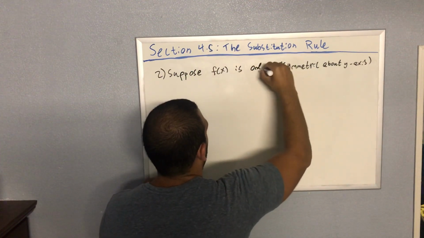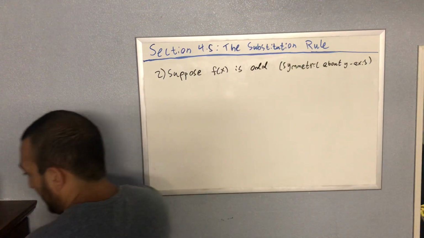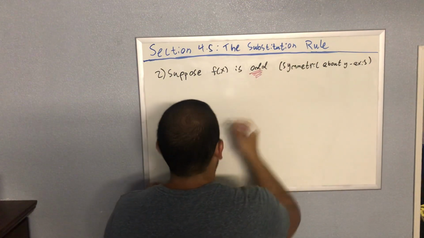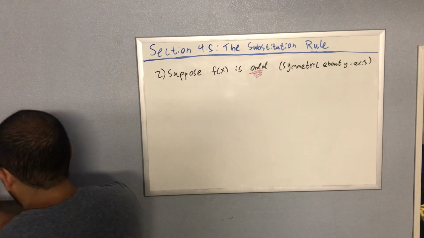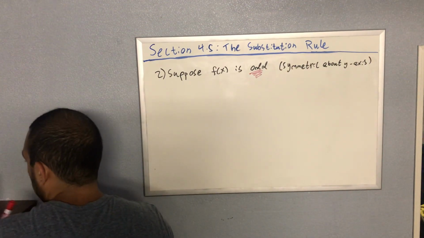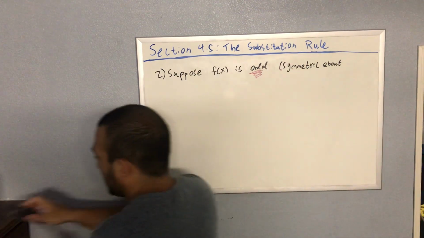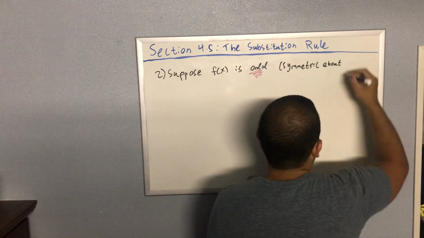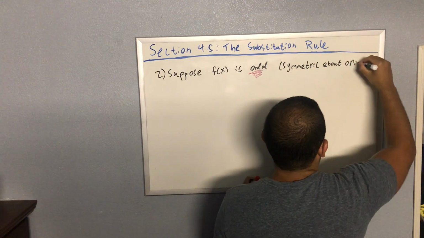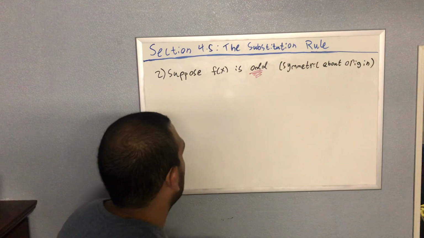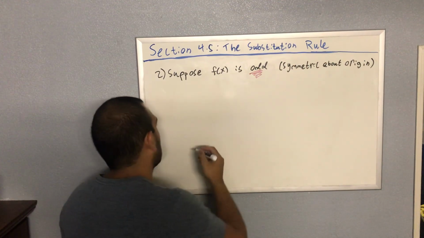That's the key property here, it's an odd function. And in this case, instead of being symmetric about the y-axis, we're symmetric about the origin. And let me explain what that means. Suppose you have an odd function, it means it's symmetric about the origin.